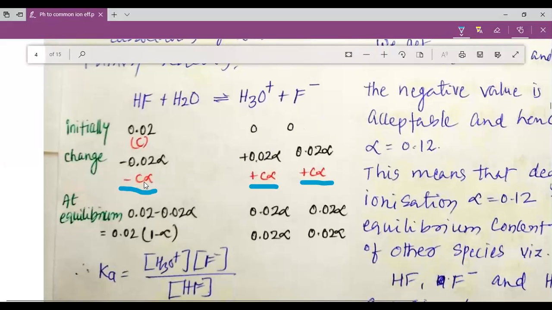Here C is 0.02, so instead of C alpha we can write 0.02 alpha for the products. Finally, writing the concentration at equilibrium, it is 0.02, which was the initial concentration, minus 0.02 alpha for the reactant HF, and the concentration of H3O plus is 0.02 alpha, and of F minus is 0.02 alpha.